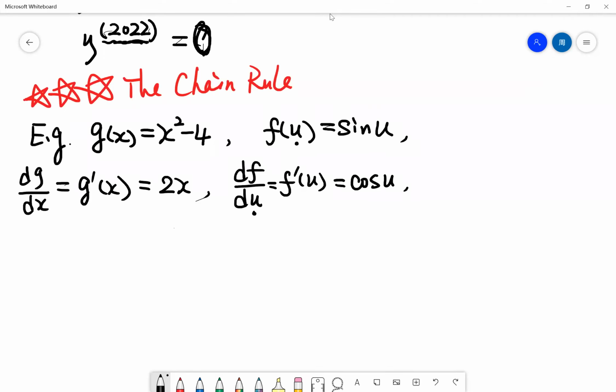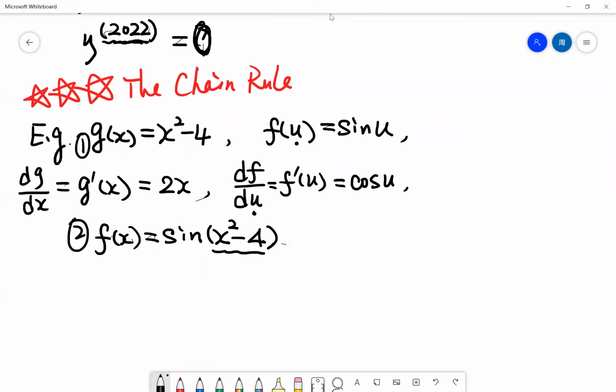But if I give you a function f(x) equals sine of x power 2 minus 4, then df(x) by dx equals what?